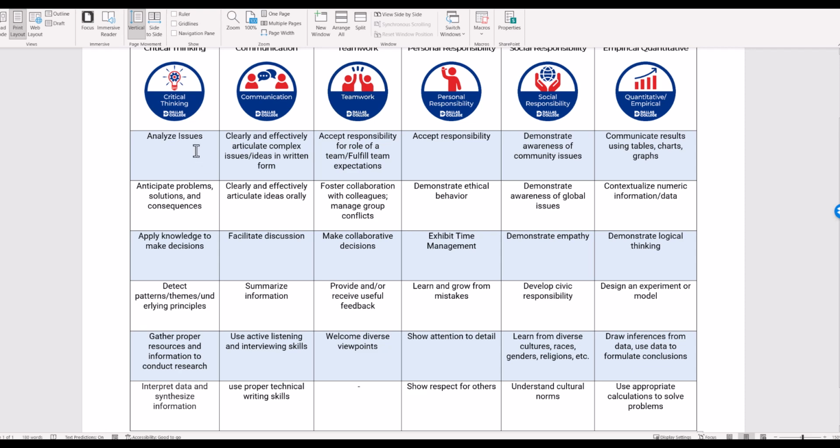Here in critical thinking, we learn to analyze issues, anticipate problems, solutions, and consequences, apply knowledge to make decisions, detect patterns, themes, and underlying principles, gather proper resources and information to conduct research, and we learn to interpret data and synthesize information.